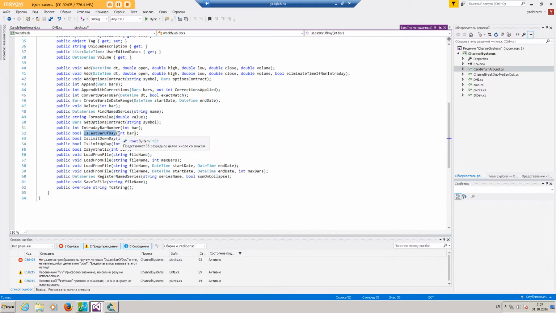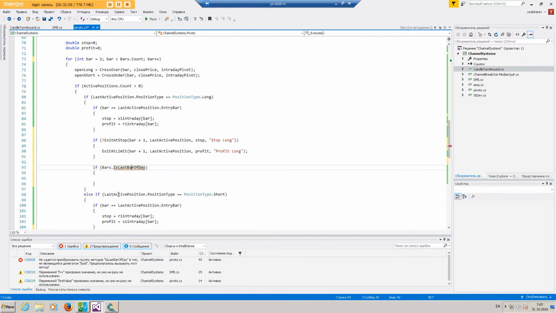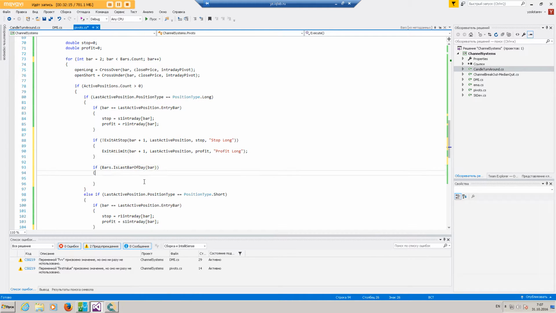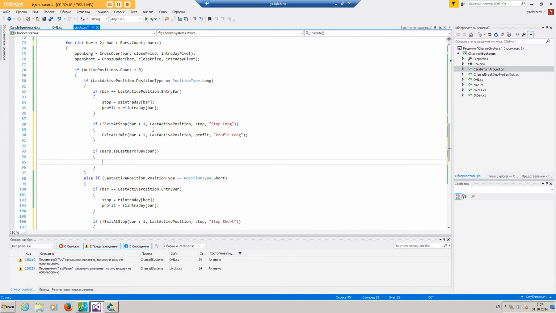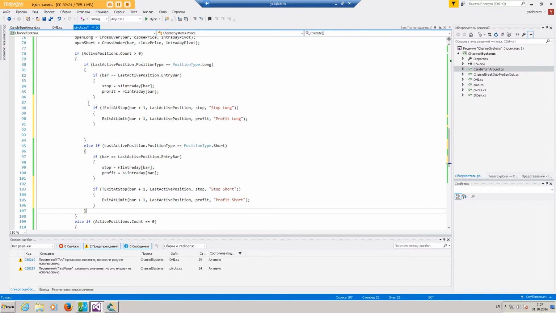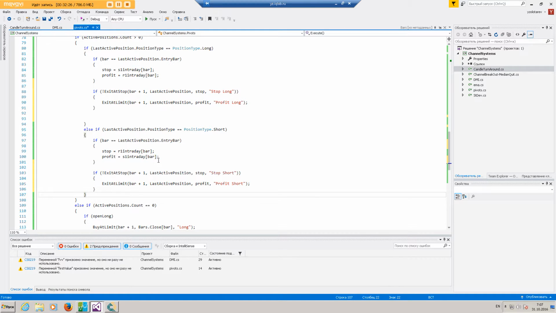It's a method, and you have to put in a bar right here, right? And it returns true or false. So if our bar is last bar of day, then we can put it in. It doesn't matter if you're long or short.